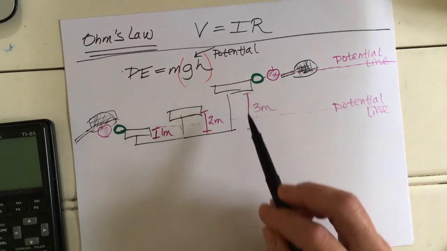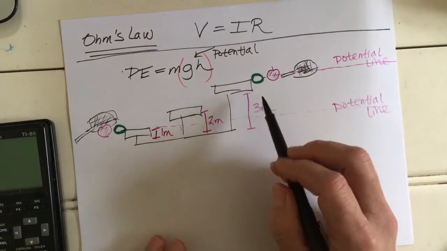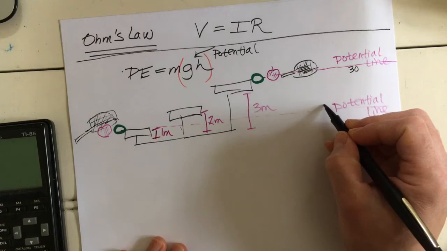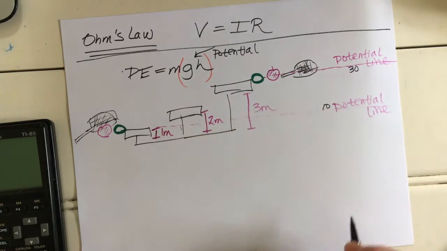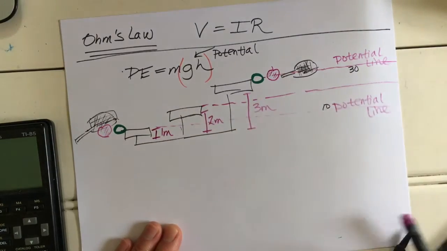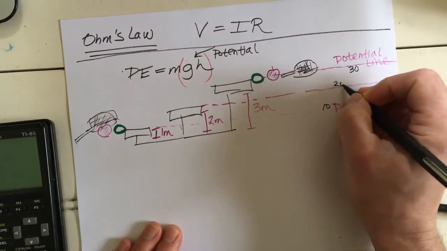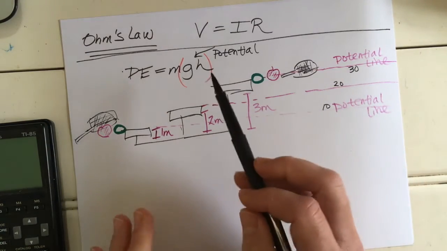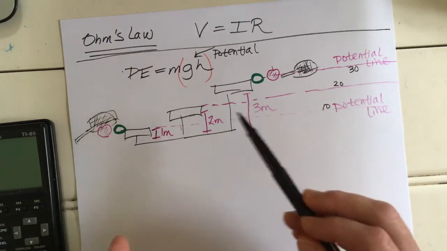And 9.81 times 3 is about 30. So the potential here at this potential line would be 30. And the potential here at this potential line would be 10. And the potential here at this potential line of 2 meters would be 20. Okay. So now we've given it a number, and we've given a quantity to this idea called potential.